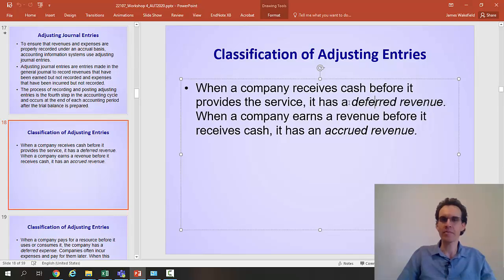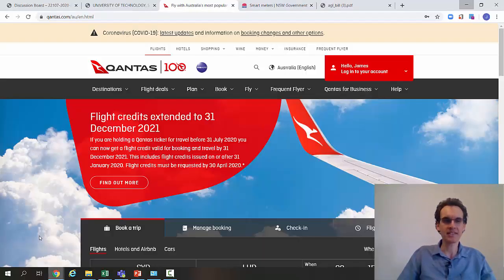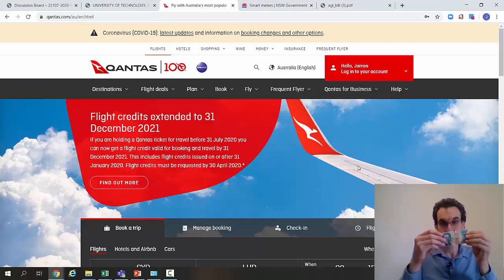Deferred meaning that we receive cash up front, but we defer the revenue recognition to a later period of time. And Qantas is a perfect example of a business that does that. They take your money when you book the airfare typically, or at least before you get on that airfare, and they deliver the service at some point in the future.